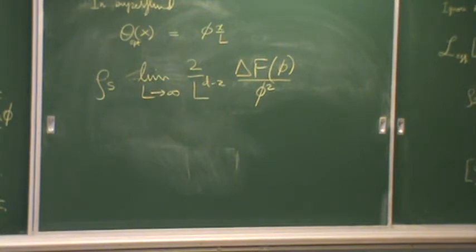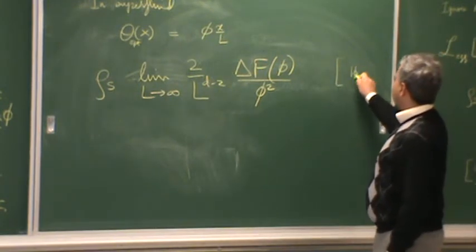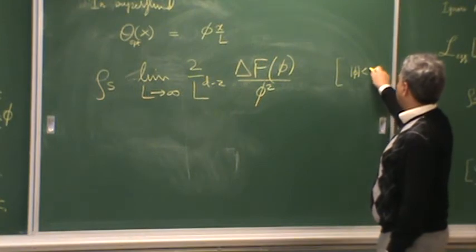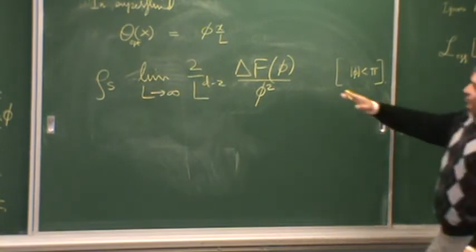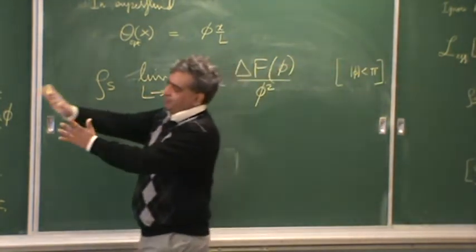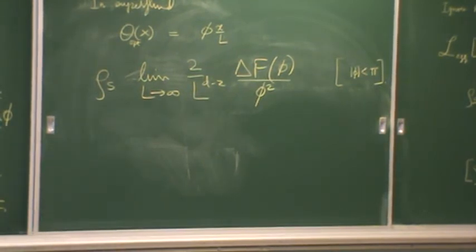If phi is 2 pi, well, 2 pi is the same as 0, so nothing's going to happen. So here I just assume mod phi doesn't have to be small, it's only L that has to be. Since L is going to infinity, you can have a very, very slow twist, even for a finite angle. So you can just take that as a definition of rho S.